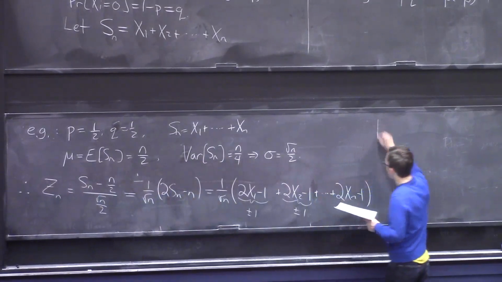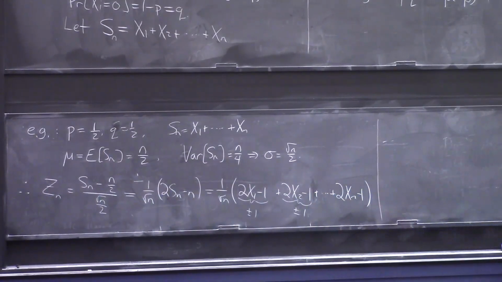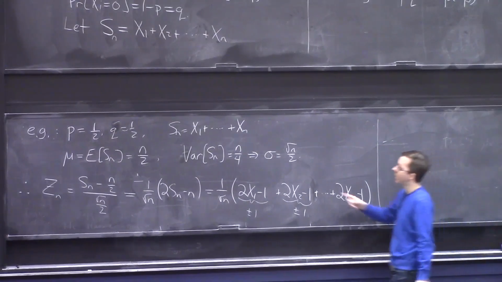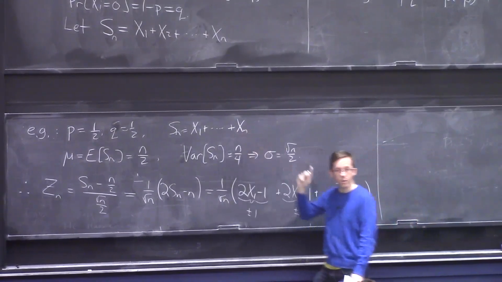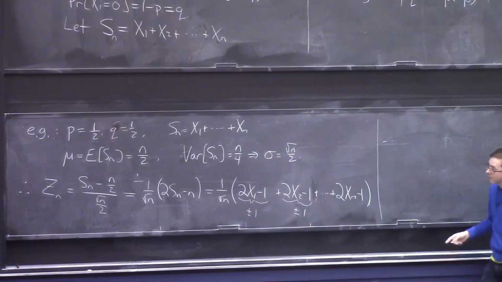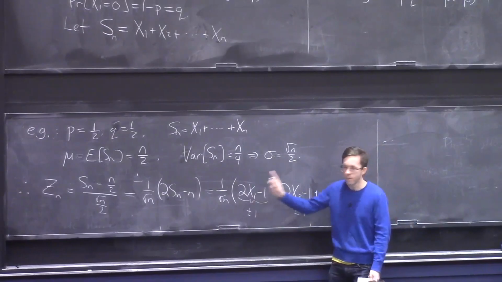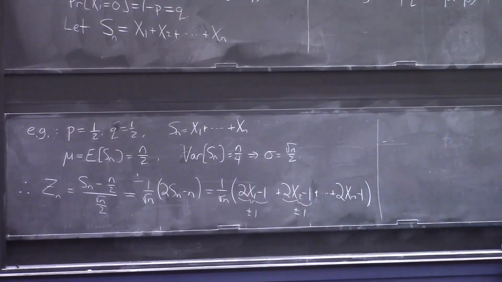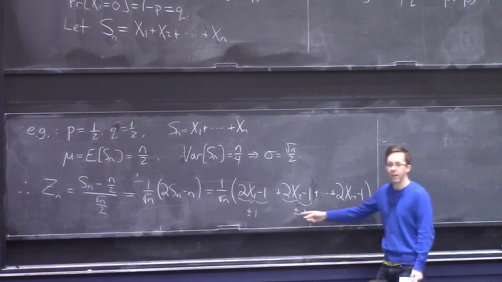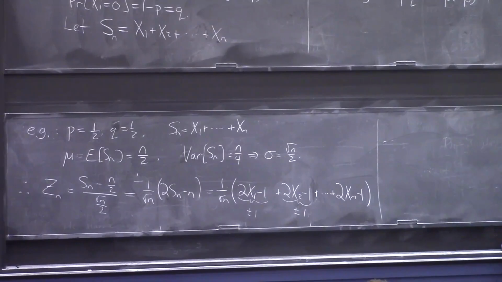And this turns out to be the more pleasant thing to study than the sum of n random variables that are 0 or 1. It's to study the sum of n random variables that are equally likely to be plus or minus 1, also divided by root n. That's a convenient normalization to put in too, because this big sum will have mean 0, which makes sense if you're adding up random plus or minus 1 random variables, and also variance 1.